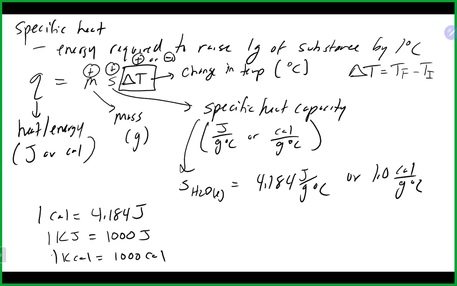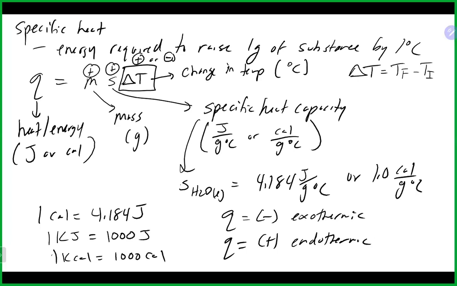And that's important because when we calculate Q and we get a negative number, that tells us overall it is an exothermic process that's happening. And if we calculate Q and it's a positive number, that is an endothermic process. Remember, you could do this as simple as we did in lab with a coffee cup calorimeter.